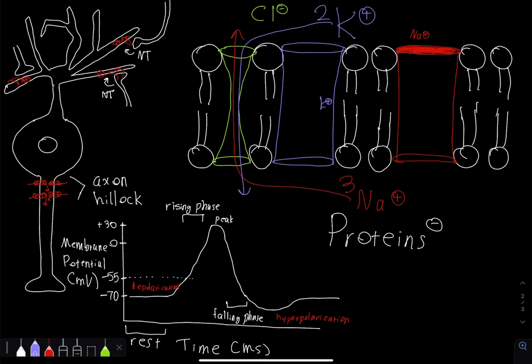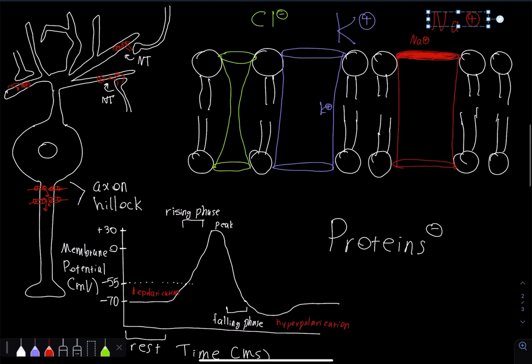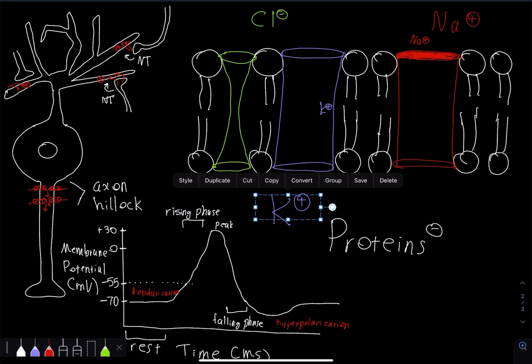So the net effect is that it's going to become a little more negative. But this is going to basically make it so that the cell maintains the original ratio of ions. So once this finishes doing its thing, we're going to have more sodium outside and more potassium inside, and we're back at the same rest again.